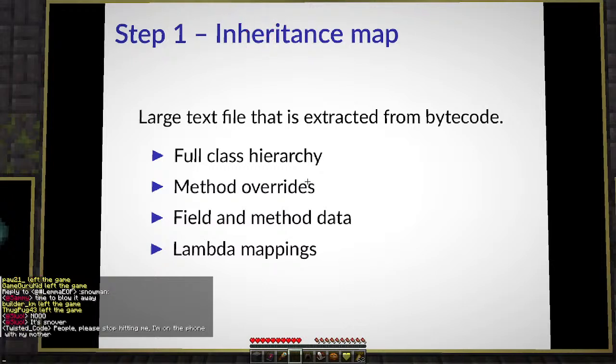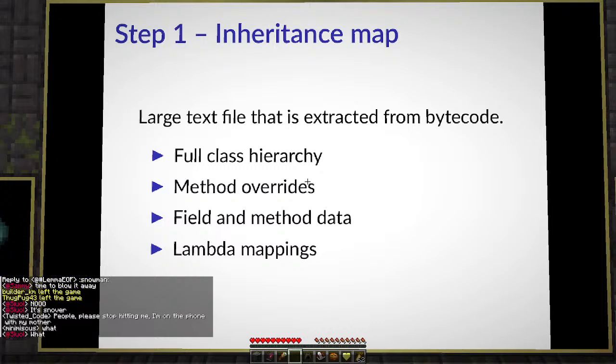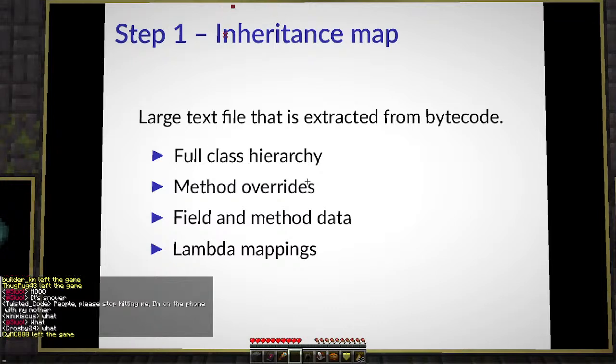Most important for SugarCane are the lambda mappings. We'll also get into what they are at a later point. But you can just take that inheritance map as an auxiliary file that is needed for the later steps.